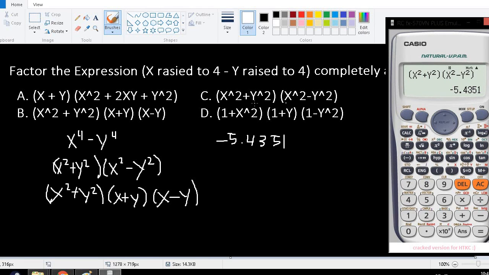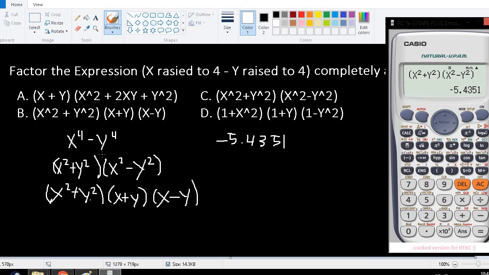But letter C is the first factor we got from the polynomial x raised to 4 minus y raised to 4.